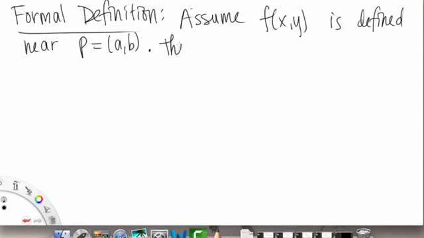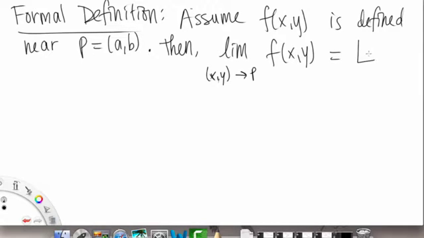Then we have the limit as xy approaches P, as the point on our xy plane gets closer and closer to P, of f of xy is equal to L.